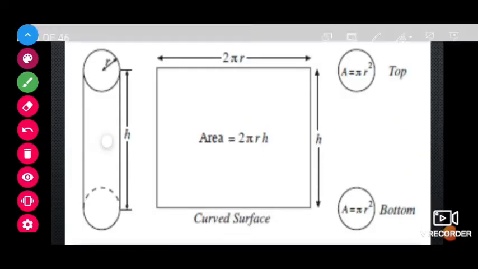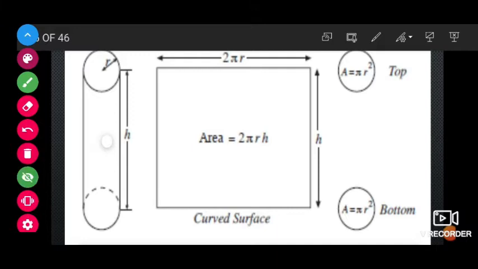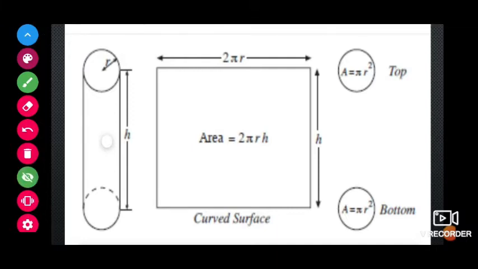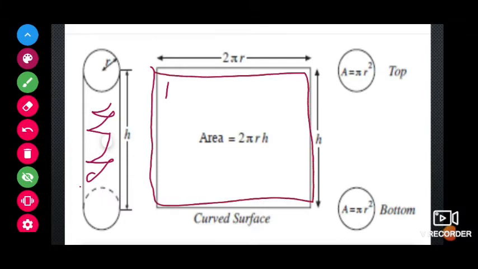If we open the middle curved surface, we will get a rectangular shape, which has a height of h and the radius of r.